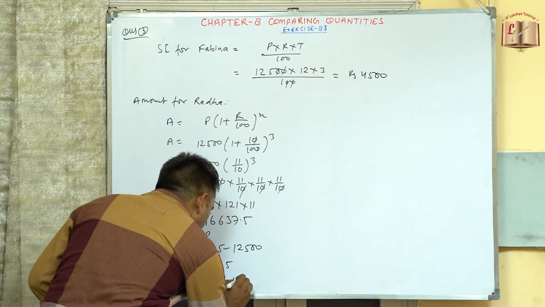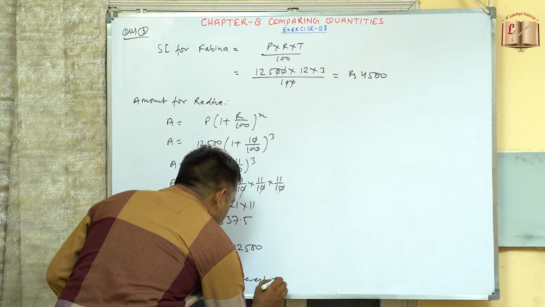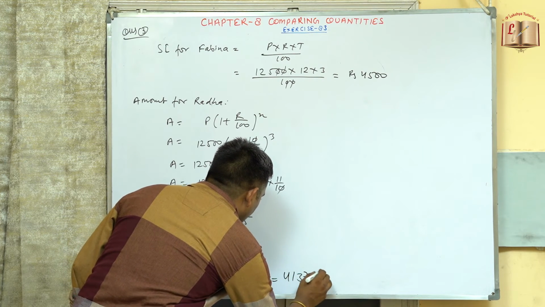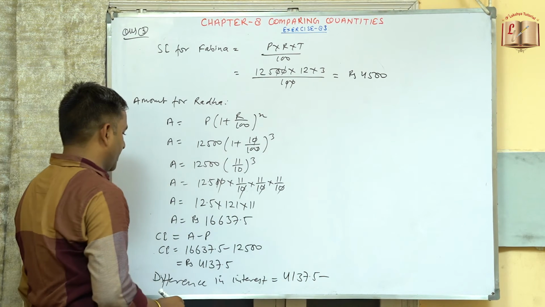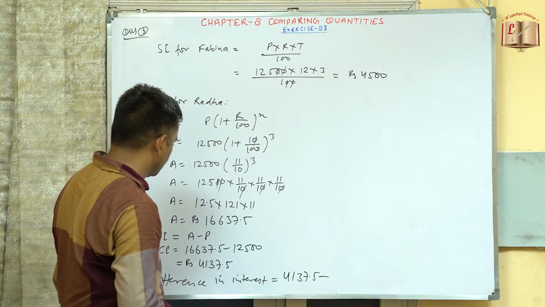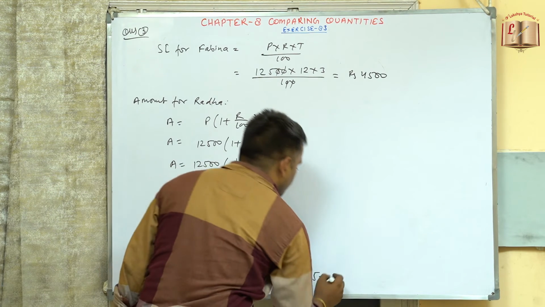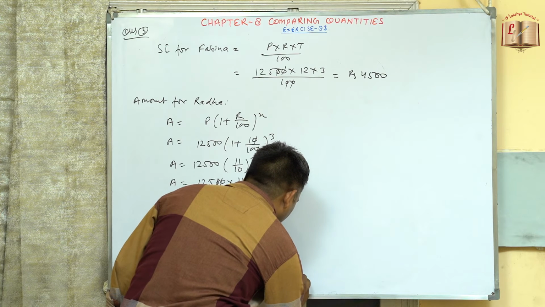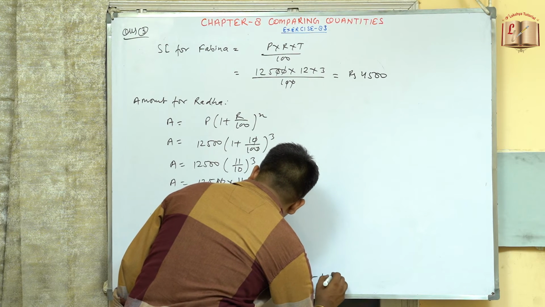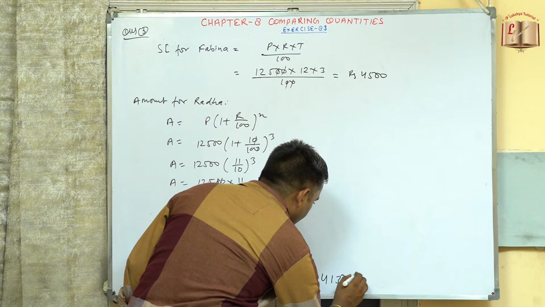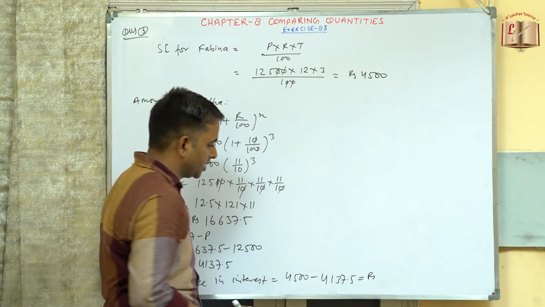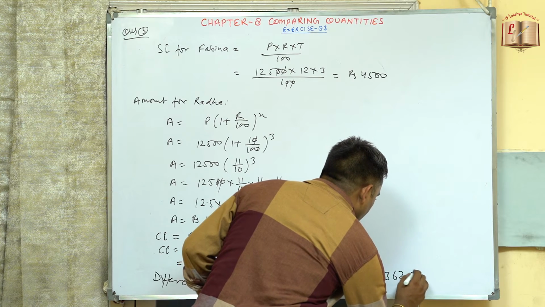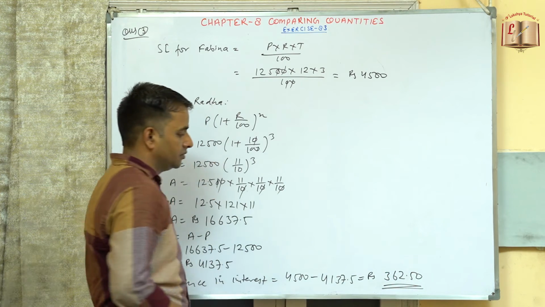The difference in interest is 4500 minus 4137.5. Now we can subtract it. So this comes out to be rupees 362.50.